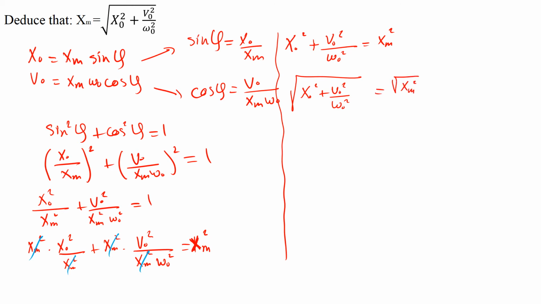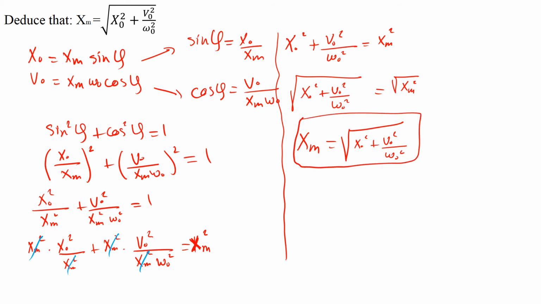So take it out of the radical, you will get xm is equal to square root of x0 squared plus v0 squared over omega 0 squared. This is the solution. We deduce that, or we prove that it's equal to this form.